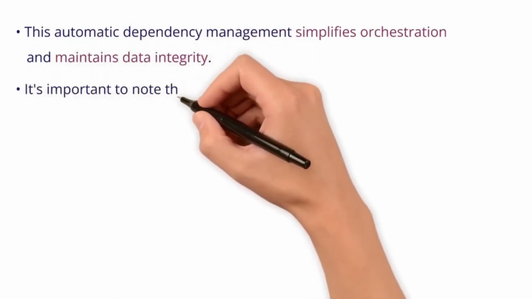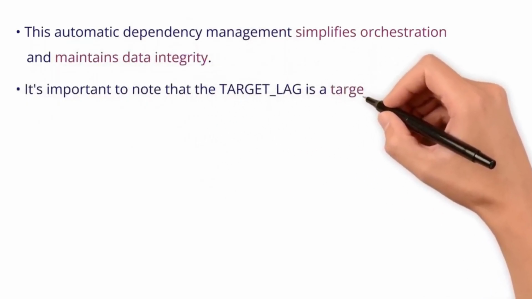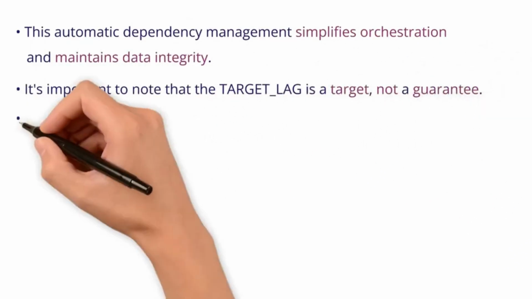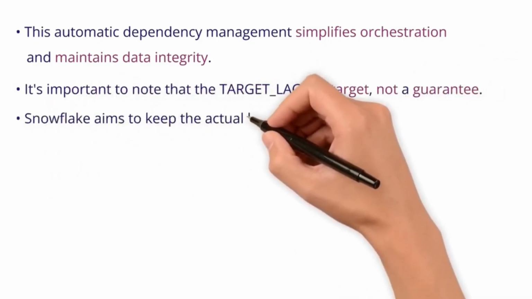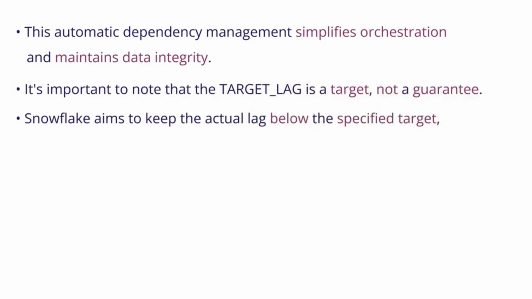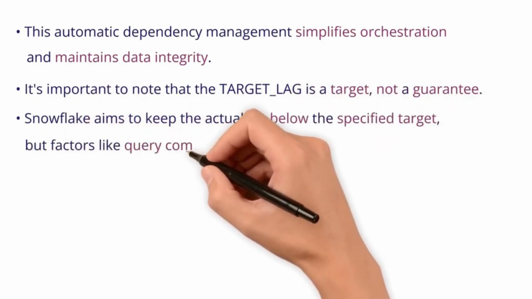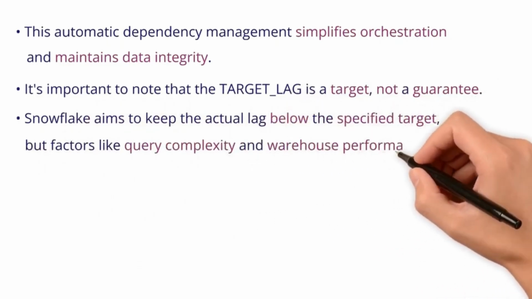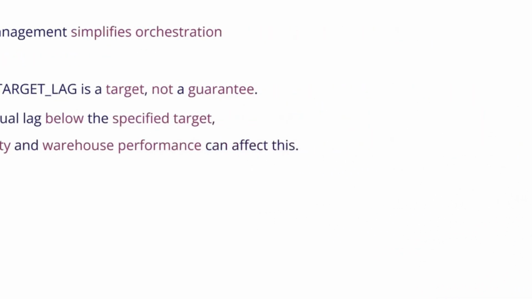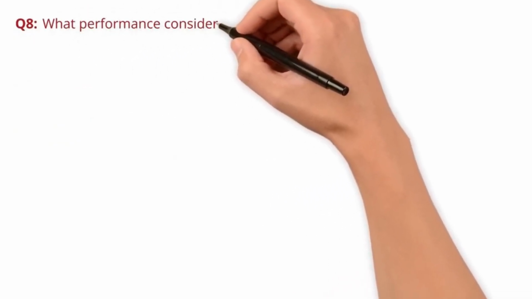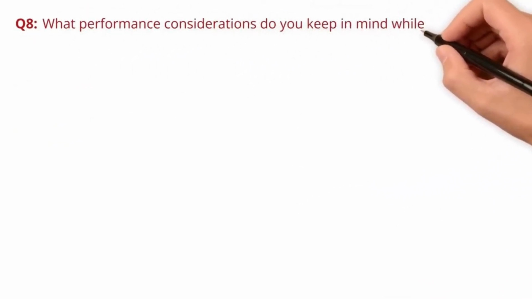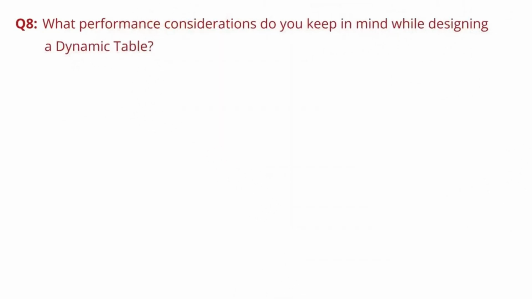It's important to note that the target lag is a target, not a guarantee. Snowflake aims to keep the actual lag below the specified target, but factors like query complexity and warehouse performance can affect this.